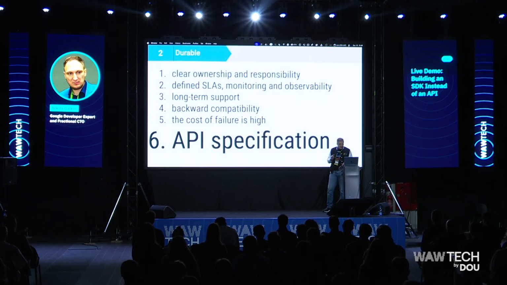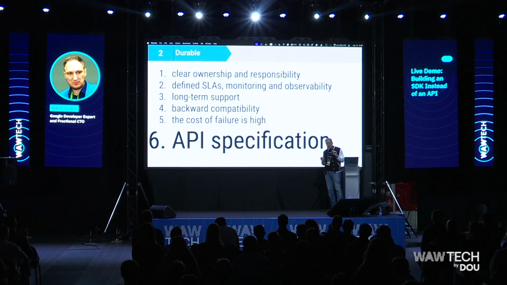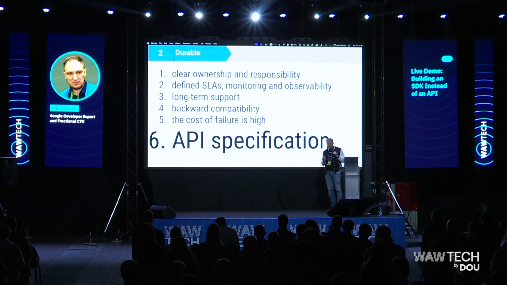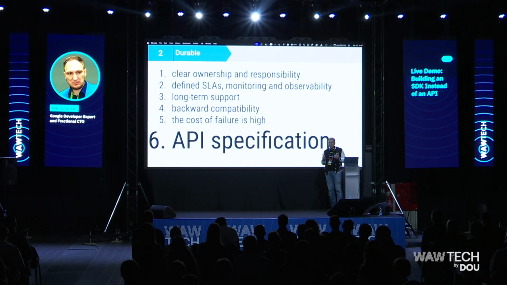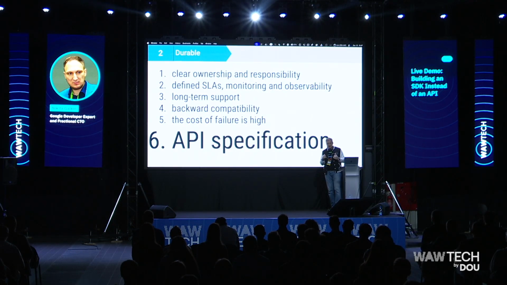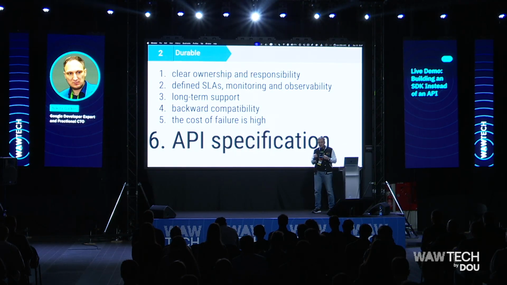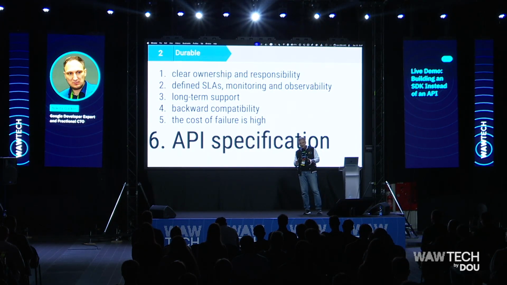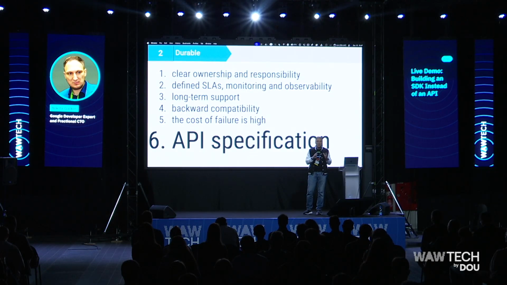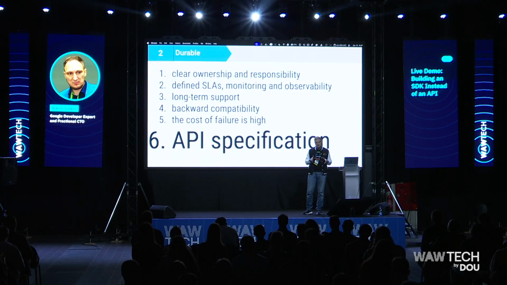Okay, let's check one more characteristic regarding durable from my perspective. It's API specification. From a backend perspective, if you are responsible for your API, then you need to provide an API specification.